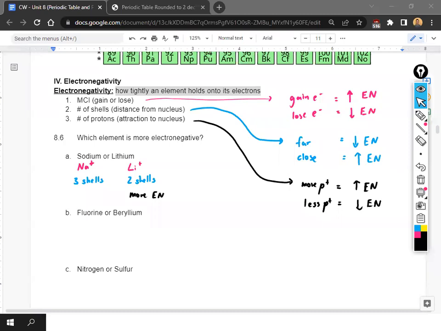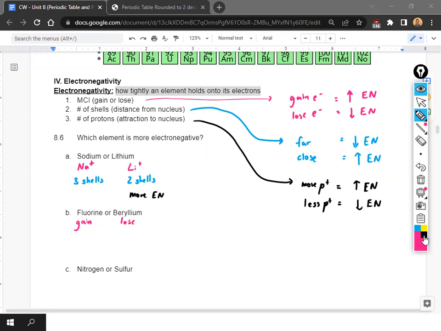Okay, so let's go over part B. So part B, we're comparing fluorine and beryllium. So if we take a look at their MCIs, or we can just talk about gain or lose. Does fluorine want to gain or lose electrons? Gain. And what about beryllium? Yeah, so we got one guy that's trying to give electrons away, and we got one guy trying to get more electrons.